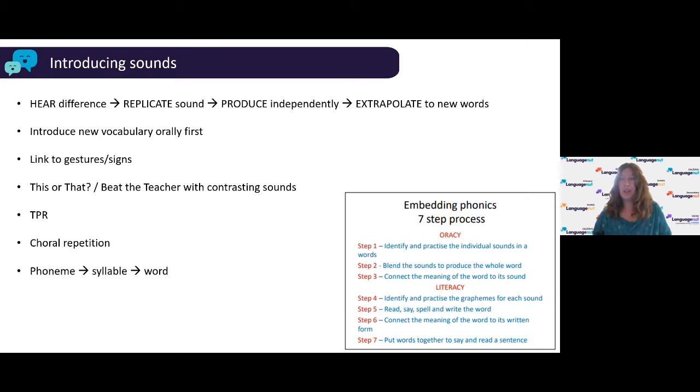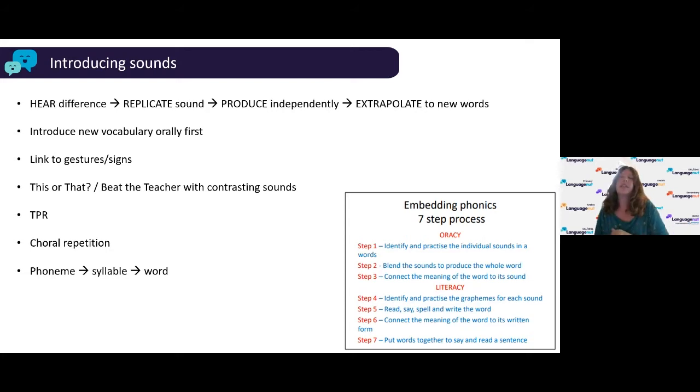It's not impossible, we know. Any of us who are linguists but not native speakers of the languages we teach have been able to do it, hopefully. So it is possible, but you need lots and lots of practice of hearing the difference. Once you can hear the difference, you can then replicate that, just parroting it back, which humans are very good at. Then you can produce it independently, so you can produce that sound at word level later on.